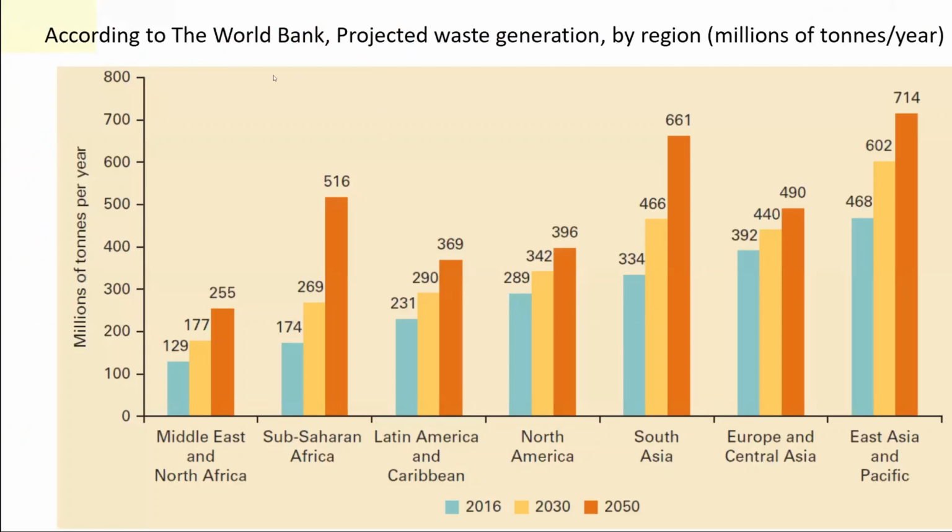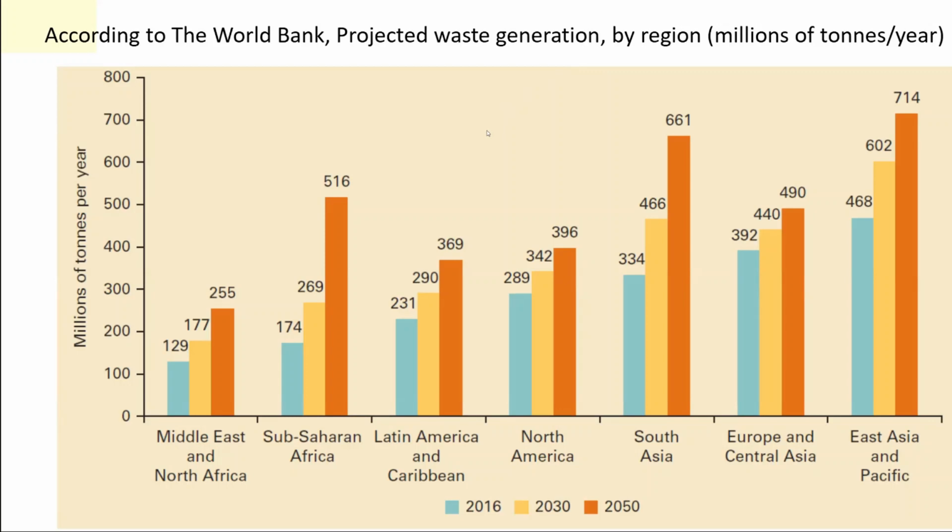According to the World Bank, I took this flow chart from the World Bank site. Projected waste generation by region, millions of tons. Regions are divided into Middle East and North Africa, Sub-Saharan Africa, Latin America and Caribbean, North America, South Asia, Europe and Central Asia, and East Asia.